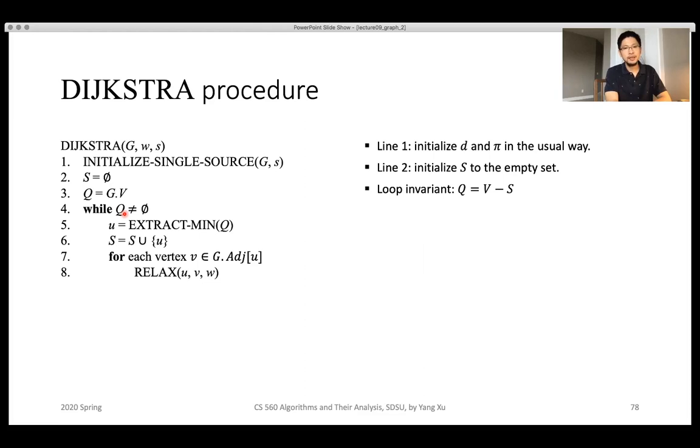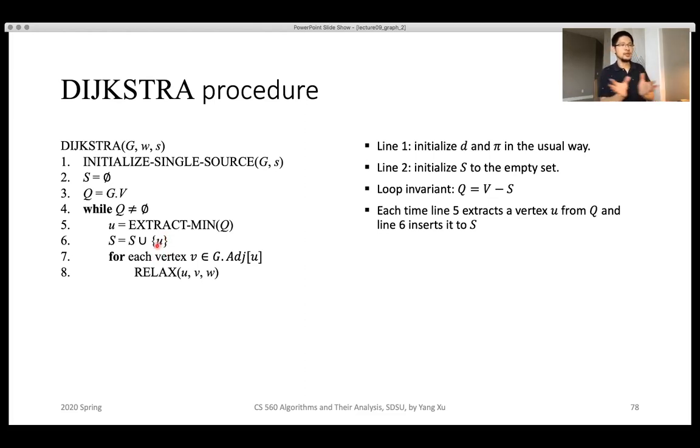At the first line of the while loop, we extract a vertex from the queue. And line 6 is just an insert operation: we let S be the union of S and the set containing U. So this is just an insert operation on a set.